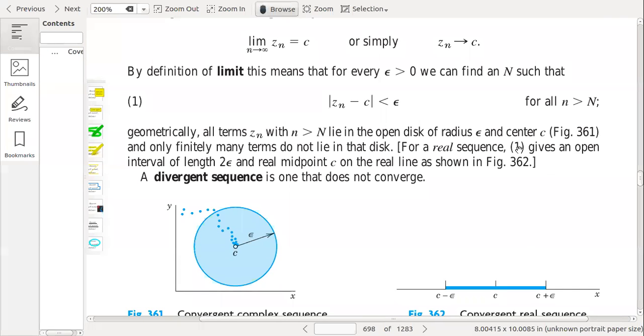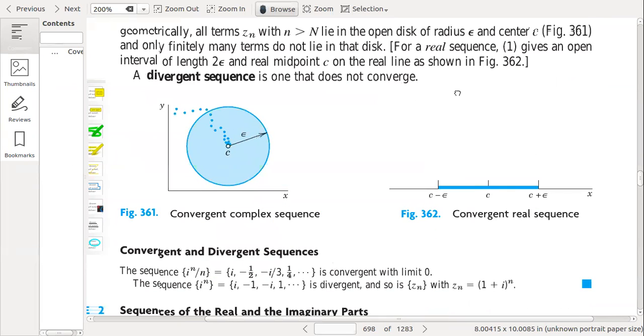For a real sequence, one gives an open interval of length 2 epsilon and real midpoint C on the real line as shown in figure 362.